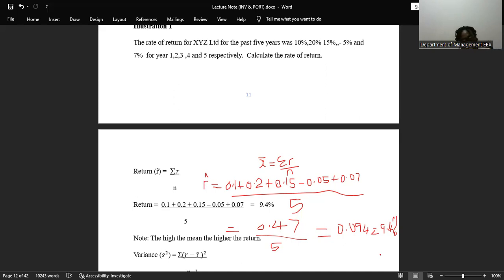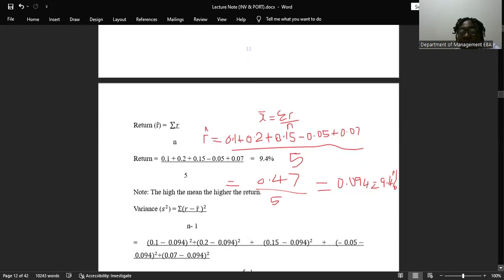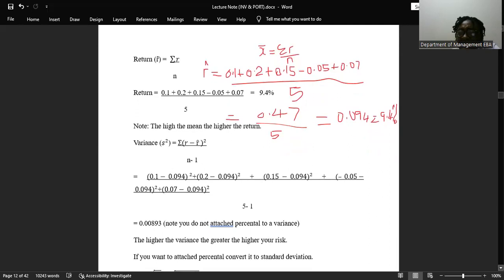Historical data. Okay, now that we have that, we know the return, we can calculate the risk. Risk is just knowing the level of deviation from the expected return. This is the formula for variation. I think in JSS we did standard deviation and we root it. So let me refresh your mind.